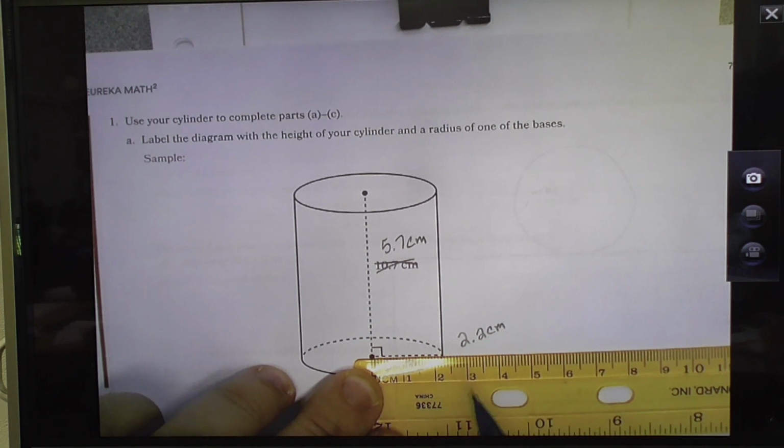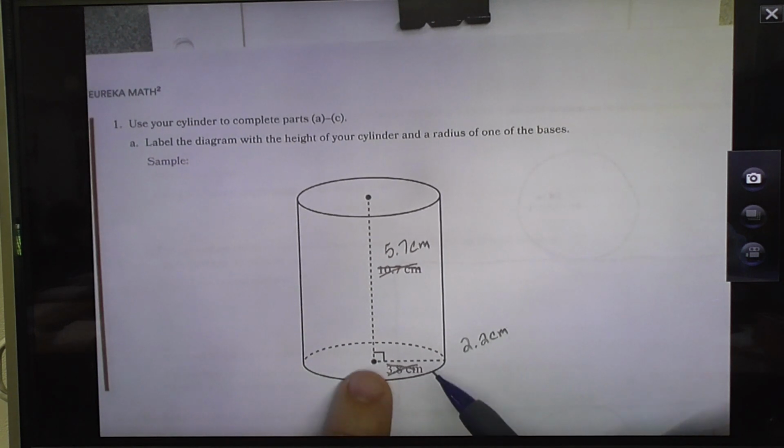But with centimeters, there's only 10. Okay? So if we think about it as being tenths, each tick mark is a tenth. This is 2, 2 and 1/10, 2 and 2/10. Okay? So in your book, you can go ahead and label that your radius is 2.2 or 2 and 2/10 centimeters.